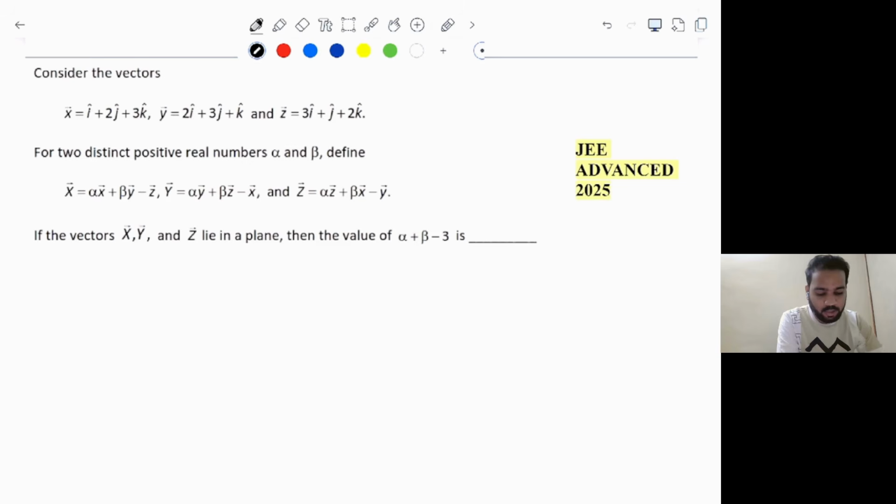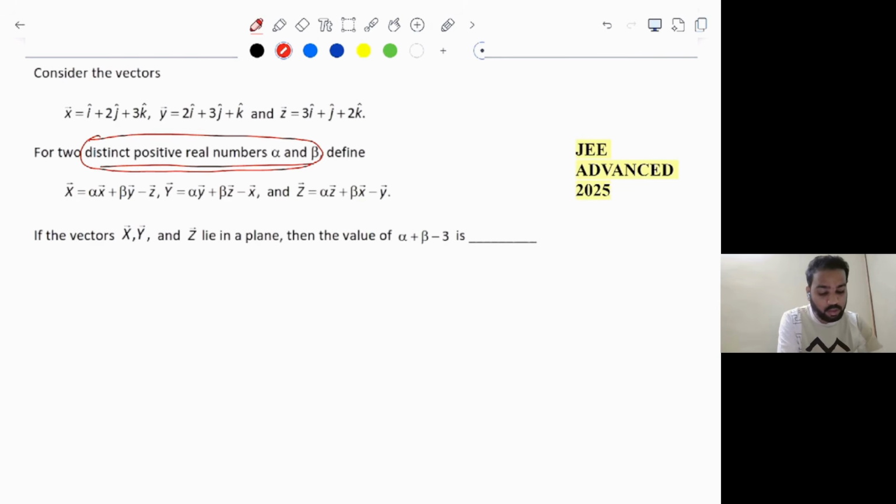Okay. So consider the vectors x bar equal to i cap plus 2j cap plus 3k cap. Similarly, y bar and also z bar are given. And they said that for two distinct positive real numbers, alpha and beta. So let's keep this in mind that alpha comma beta are distinct here, because we are going to need this in the final step.